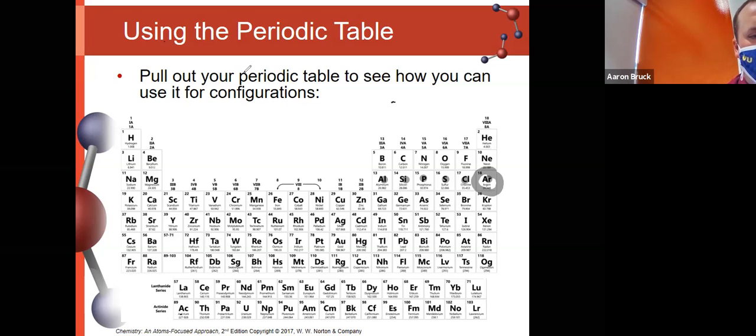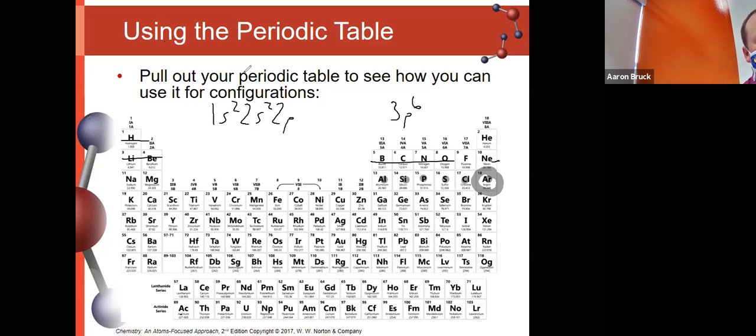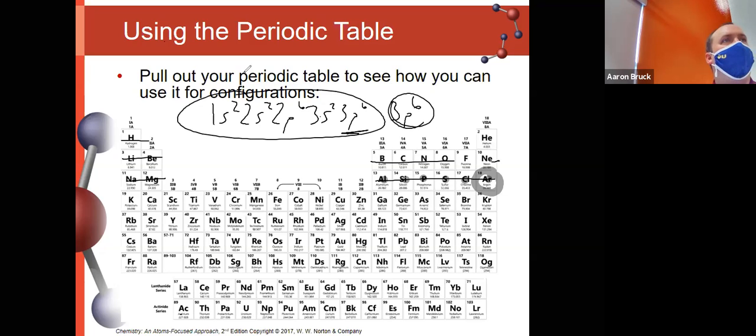So my last configuration is going to be 3p6. Again, I can go from the start: 1s2, 2s2, 2p6, 3s2, and then finally this last one was 3p6. 3p6 was my stopping point. That's where I am there. I've got my configuration completely filled.